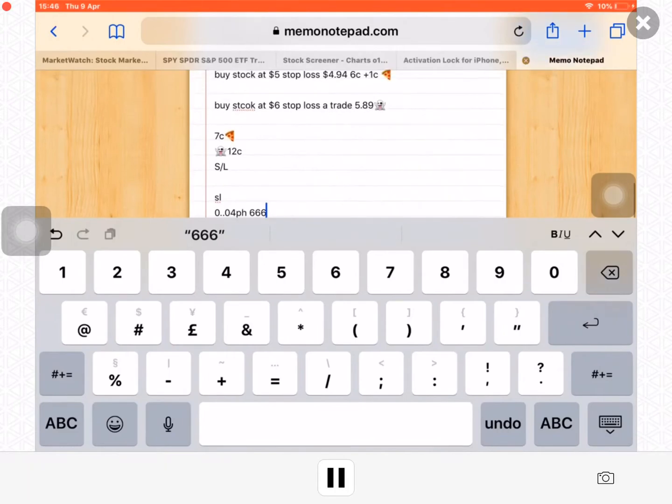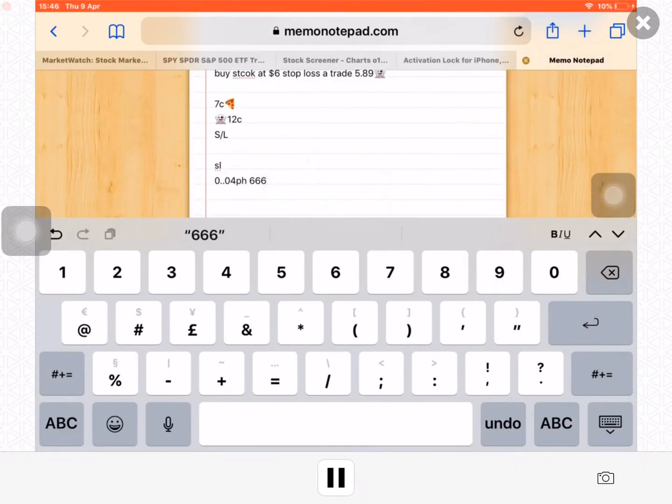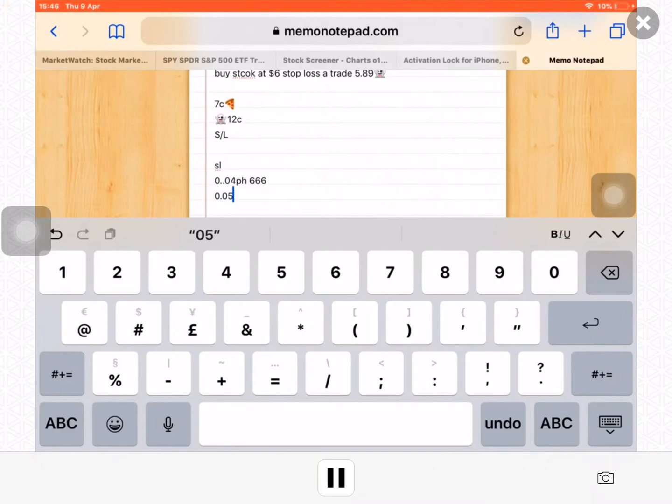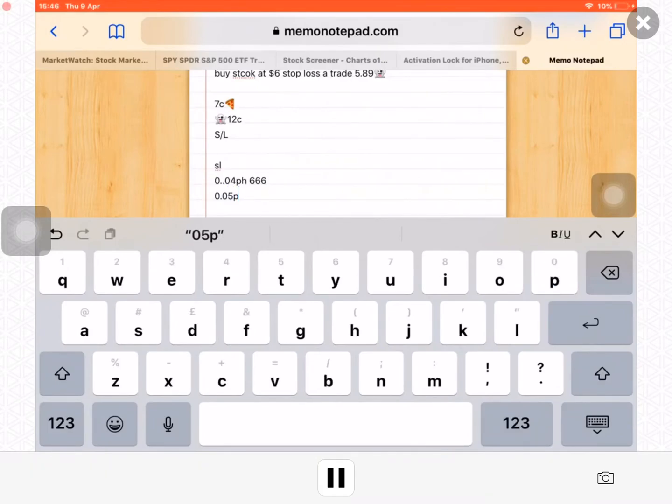Okay, so if the stop loss was at 4 cents, I haven't even put 3 cents in there, because it's just too little a stop of 3 cents. I haven't even bothered writing that in there. So if the stop loss is 0.05 cents per share, sorry, it should be PS up here.